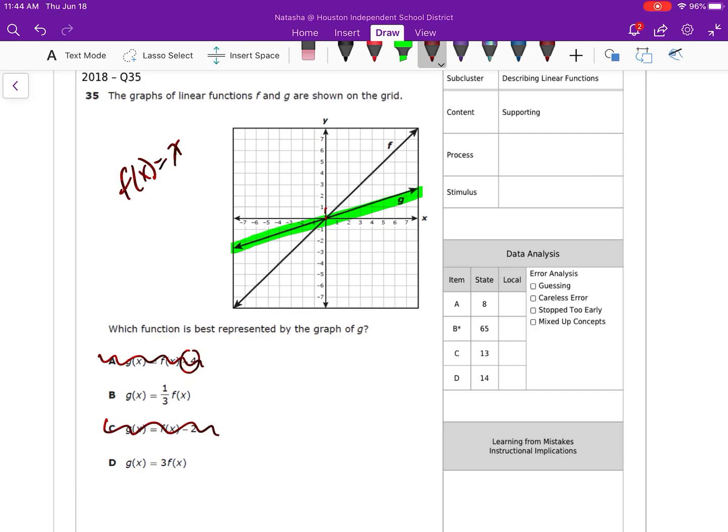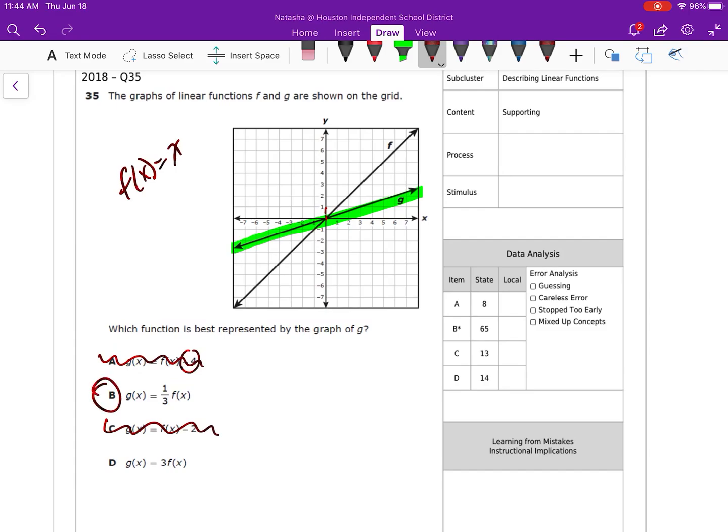Now, g is less steep because if you look at it, it's more flat than the parent function is. So in terms of understanding the relationship of transform functions, when your a value, that value that's outside, when our graph is less steep than the parent function, then our value is going to be less than 1.